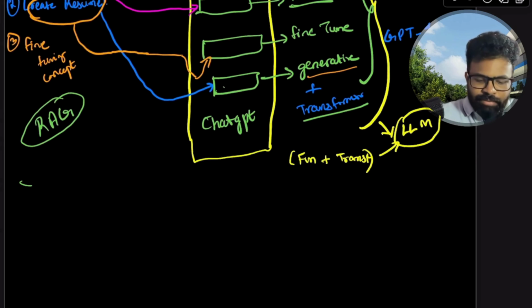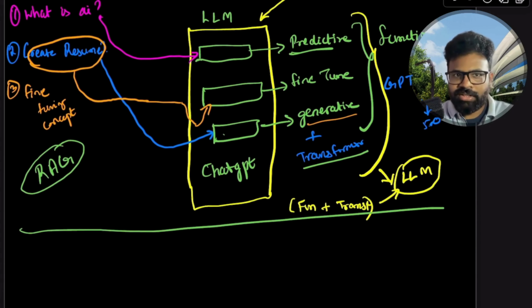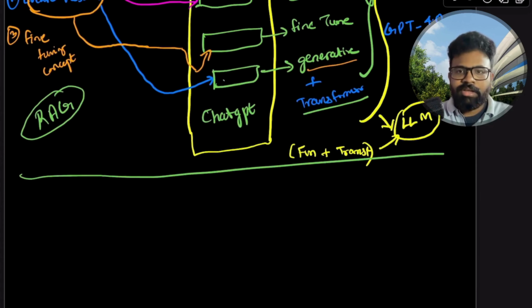Let's say for example, we have given in our scenario the query what is AI, and that query is converted into tokens, then embedded, then encoded, and then fed into the LLM as a prompt. Finally the inbuilt function processing is done, like predictive, fine tuning, or generative. After categorizing in that particular function, the transformer will give you the output. It is then processed as the output, and it will give the final output value. So that is decoding.